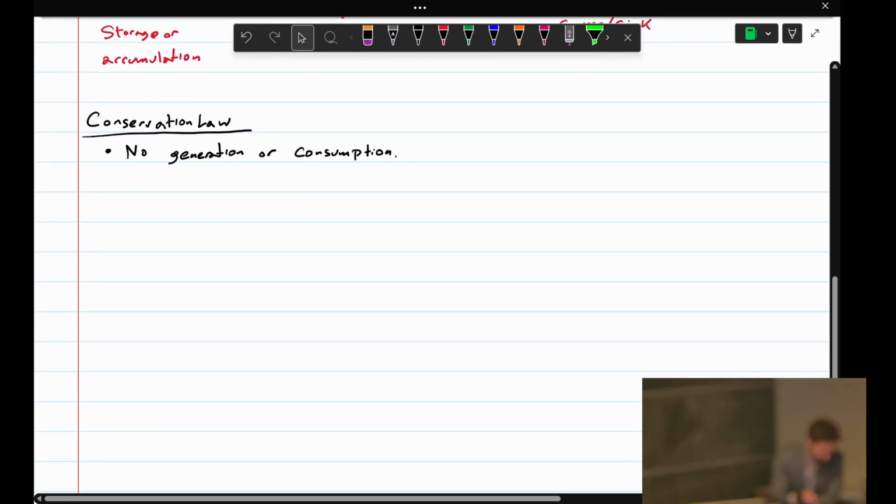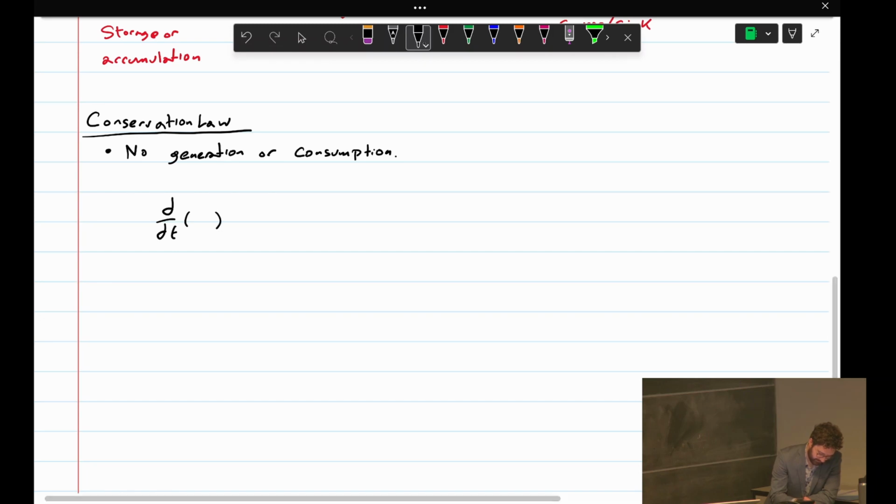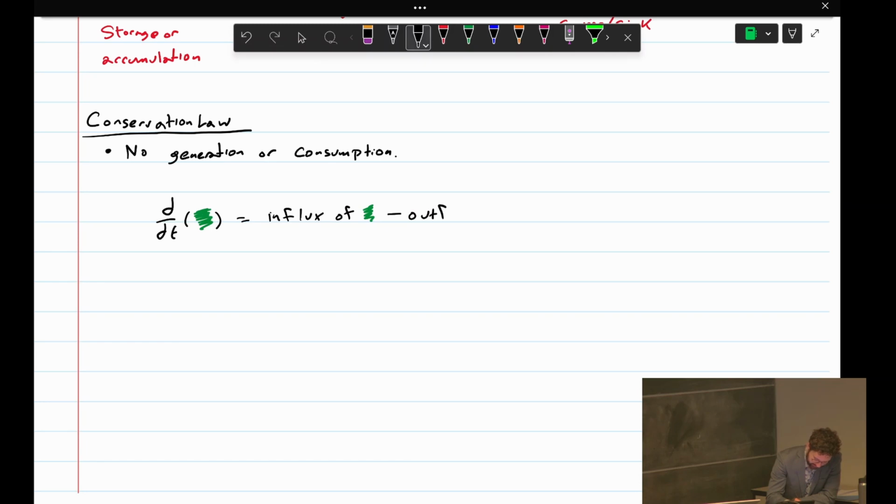So what the law looks like is d by dt of that thing is the influx minus the outflux.